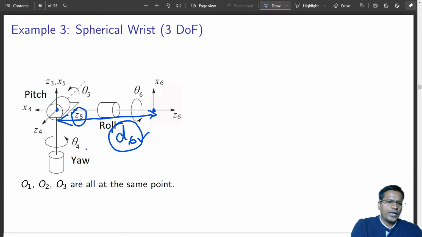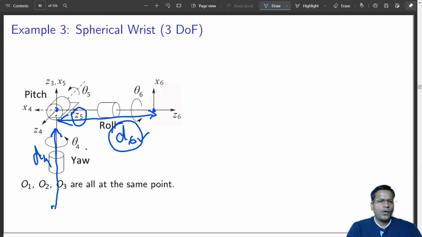Again, frame 3 must have ended somewhere over here. So axis Z3 is something like this, and it is translated in this direction. So there is some distance D4 which is the offset.